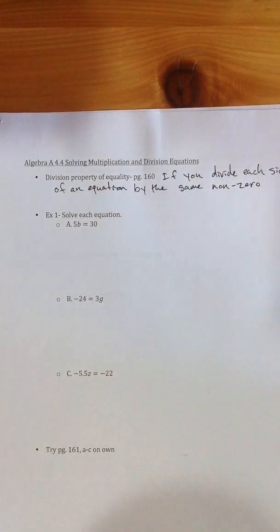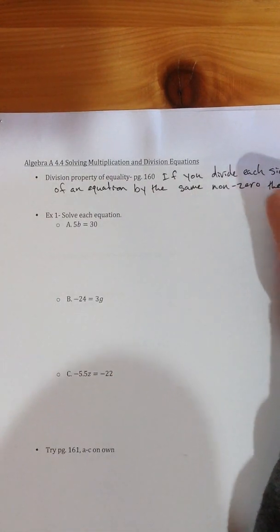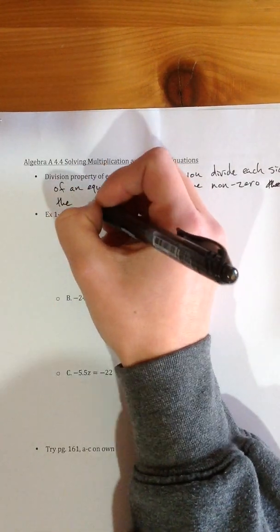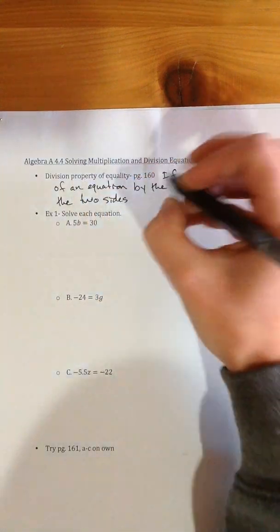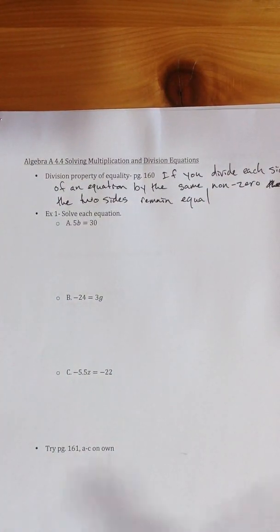They say non-zero because the big math rule is you're not allowed to divide by zero, so you can't divide by zero, so that's why they say that. So if you divide by a number on one side, divide by the same number on the other side, both of those sides of the equation are still equal to each other.